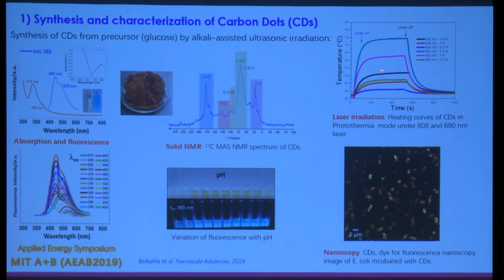This increase of temperature can be useful, for example, to improve kinetics and interactions. Also, due to their fluorescence property, carbon dots are useful for nanoscopy, and in this case, we are also able to visualize the carbon dots.